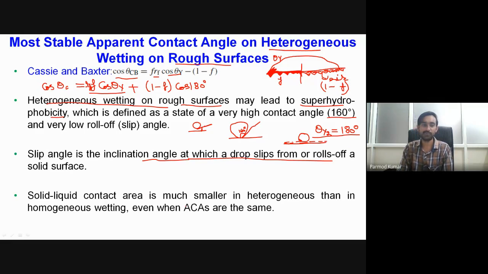This is a very important point to remember: even if we consider the two situations, homogeneous wetting and heterogeneous wetting, and find that our apparent contact angles come out the same, physically we will have much less solid-liquid contact area in the heterogeneous wetting condition.